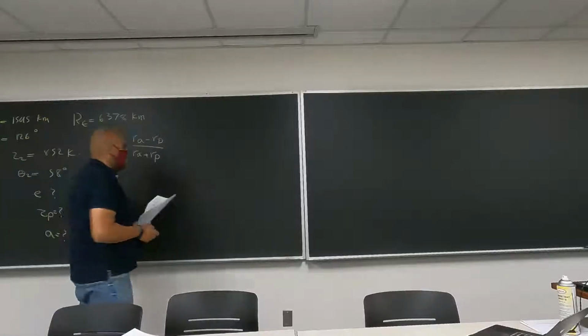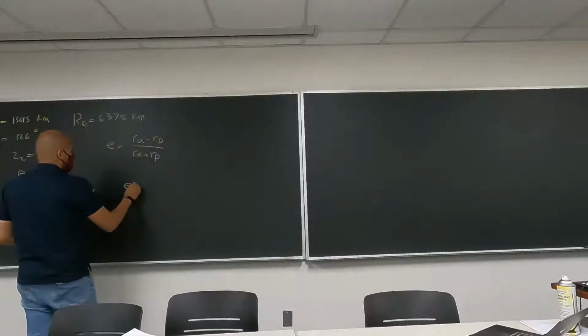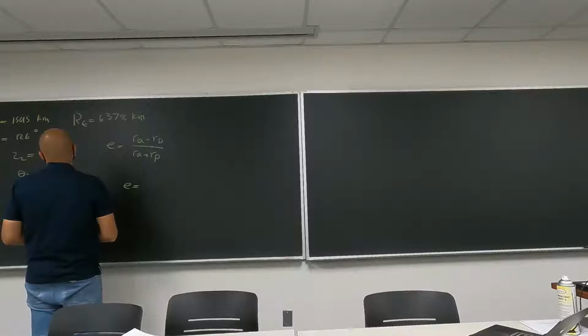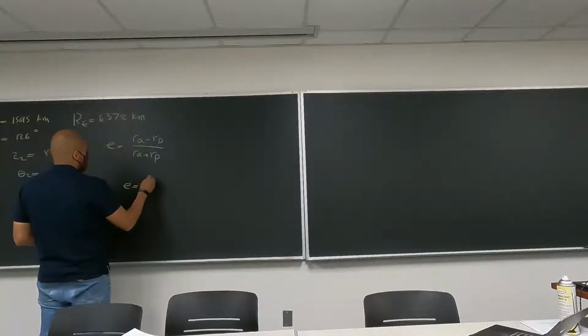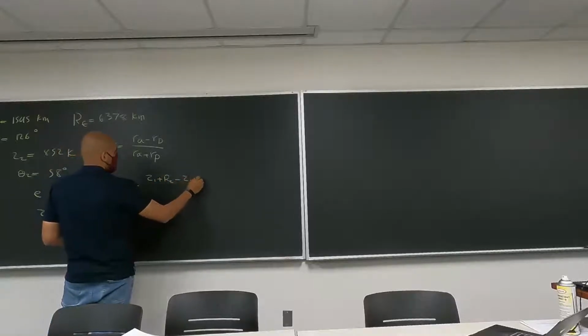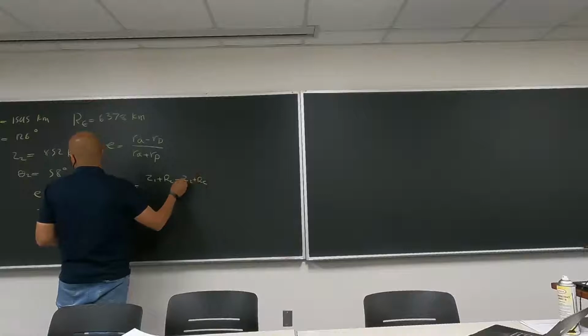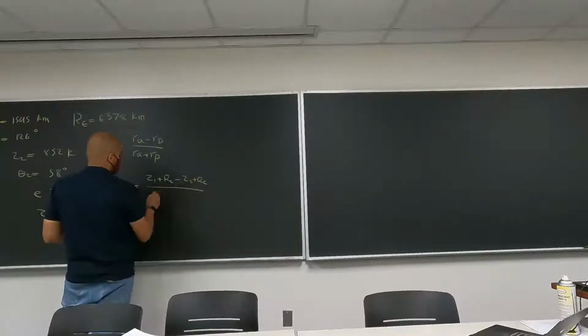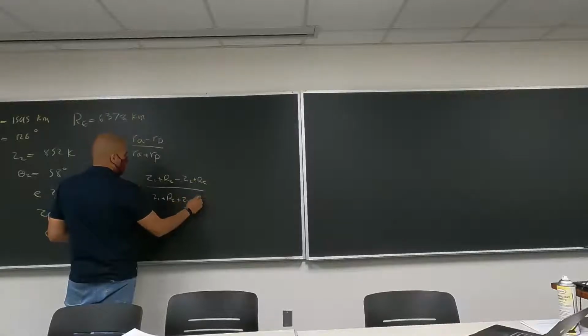So we have two opinions here that we're going to do Z1 plus RE minus Z2 plus RE, divided by Z1 plus RE plus Z2 plus RE. Is this true?